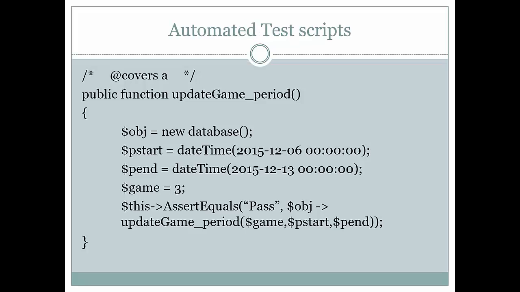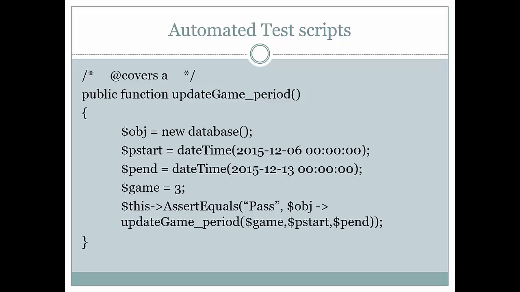Automated test scripts. Now here you see that we have an at covers A. Basically we had to create an XML file which parses these scripts in a meaningful way so that we have an output of the test cases run. So this is an example of a test script for the function update game period.